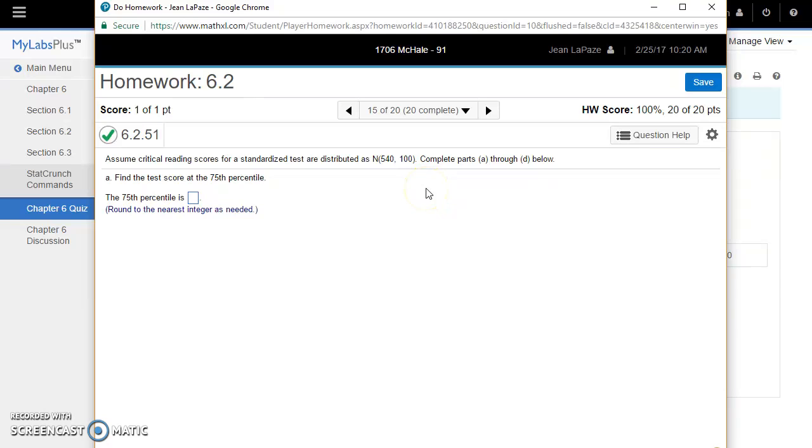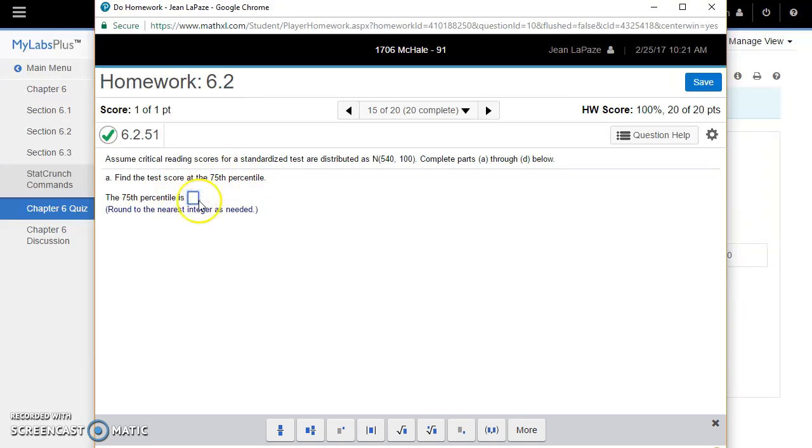And we know from page 251 in our book that if we see this sort of notation, we're talking about a normal distribution, because N is normal, 540 is the mean, 100 is the standard deviation. So that's important because now we know what we have to do in StatCrunch. It asks us to find the test score for the 75th percentile.